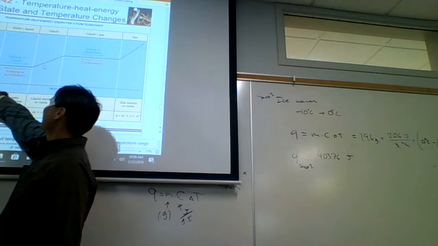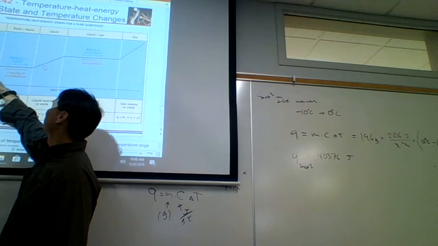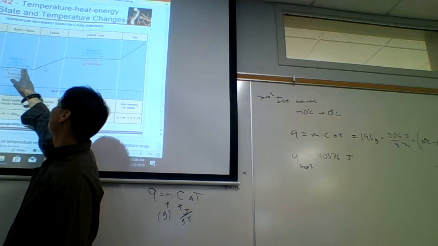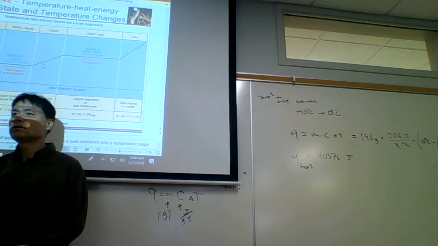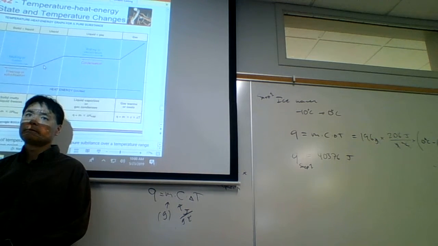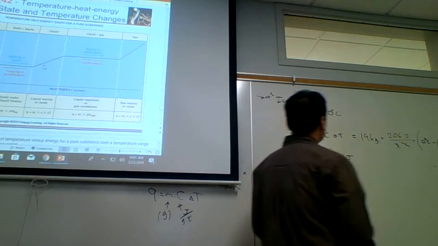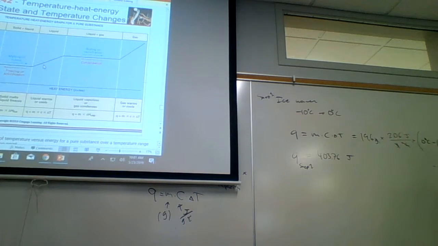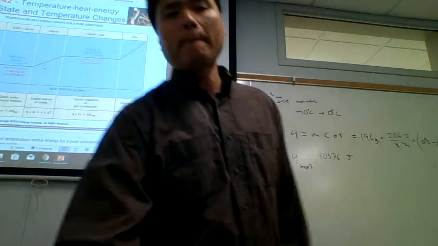So we went from minus 10 to 0. The heat was used to warm up the ice, 10 degrees. Now the heat is going to be used to melt the ice. Well, if we're melting ice, what equation do we use? Okay, so in step 2, we have that the ice melts.